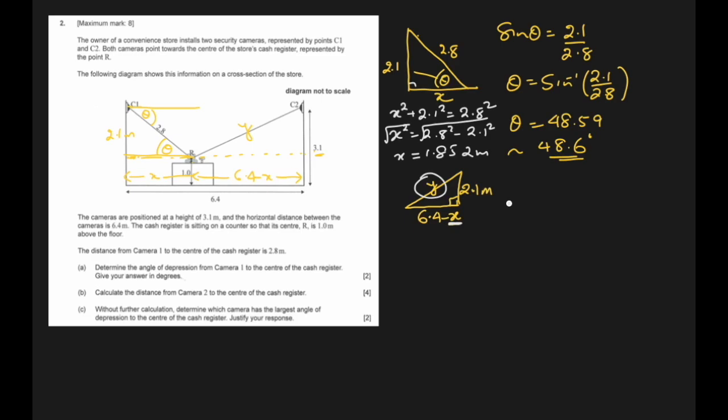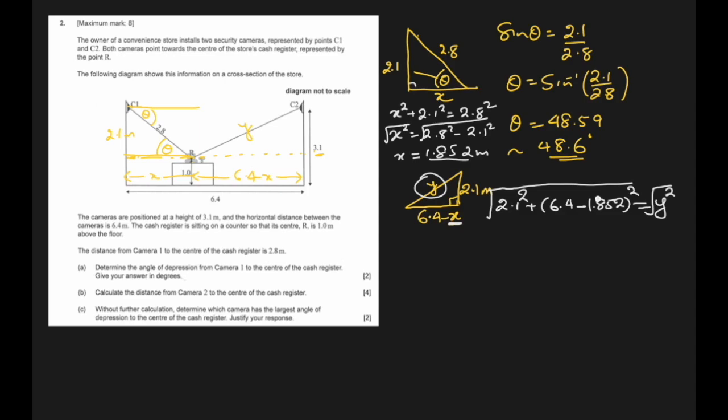Now 6.4 minus this will give us y. Again using the Pythagorean theorem, 2.1 squared plus (6.4 minus x, which is 1.852) squared will be equal to y squared. Again we square root both sides and put this in our calculator.